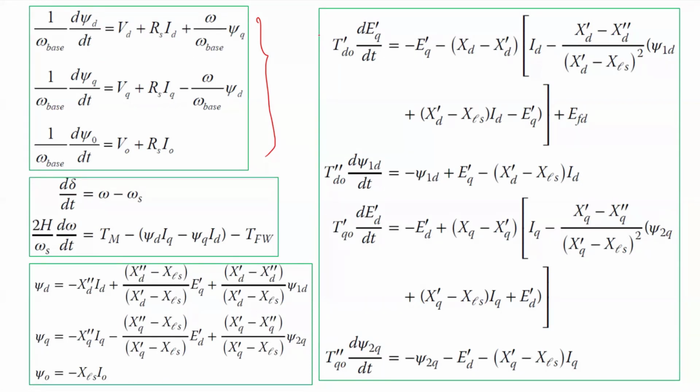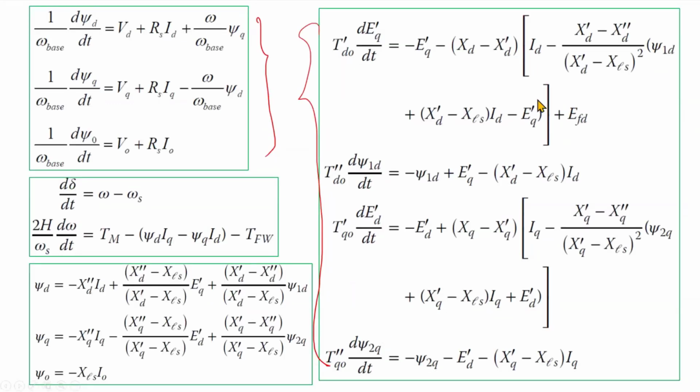This set of equations is also related to the synchronous machine equations with time constants: Td0 dash, Td0 double dash, Tq0 dash, Tq0 double dash, which are the d-axis and q-axis time constants, right?